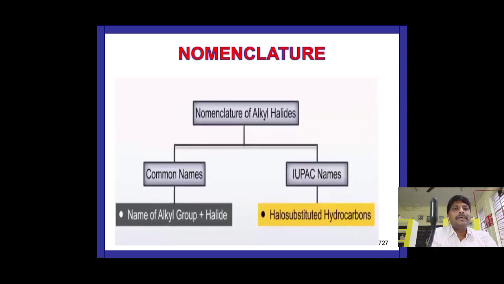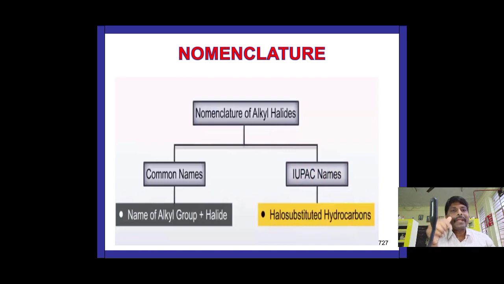Next is nomenclature. In nomenclature of alkyl halides, generally there are trivial names, which are common names. The next one is IUPAC names. As you know, for common names there are no rules, even though there is some logic. The common name of an alkyl halide is like this: name of the alkyl group plus halide.